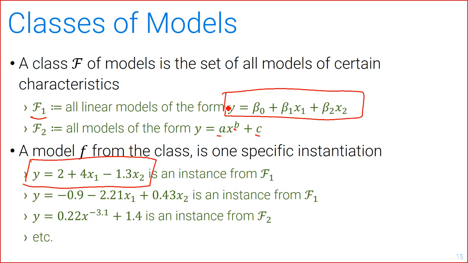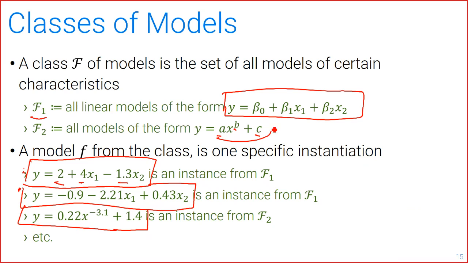It's just that we are using specific coefficients, 2, 4, and minus 1.3. We might have another instance from F1, another instance of all the linear models of two variables, which is something like this. So each of those two would be an instance from F1. And this one here is an instance from F2. It's a model of the form, something like this.